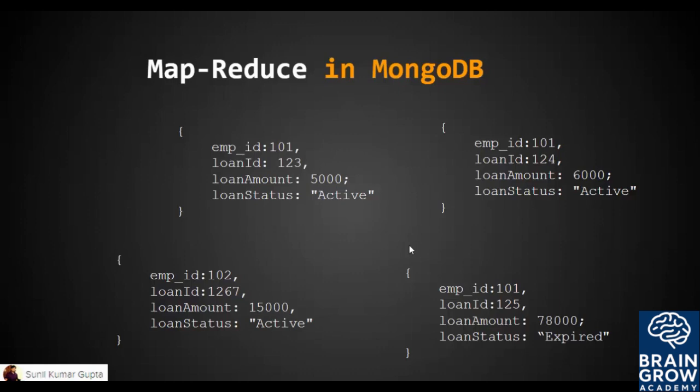Then with the reducer function, we find the per-employee total sum of the loans. Based on the loan ID, the reducer goes through each and every loan and sums up all the loan amounts. At last we will get the employee and the total active loans. That's what we are going to do in this example.